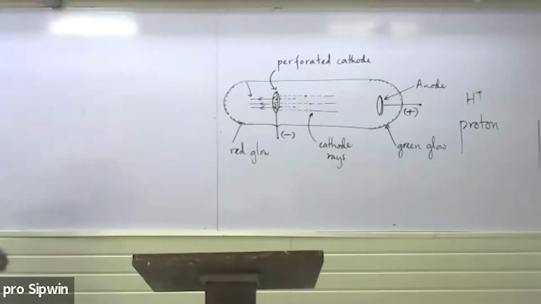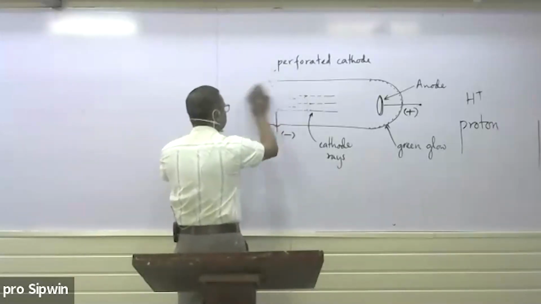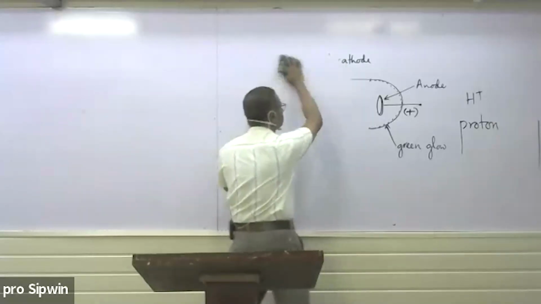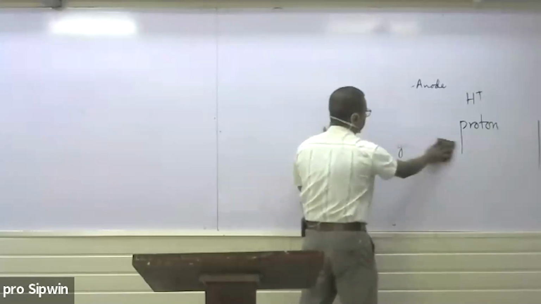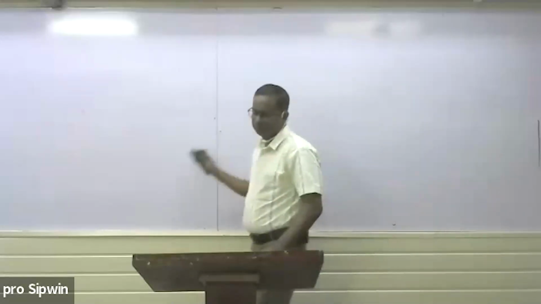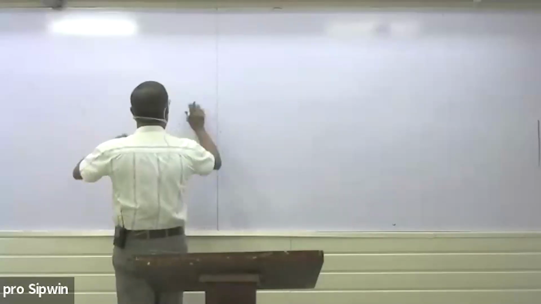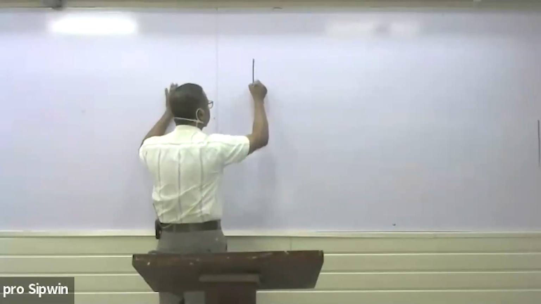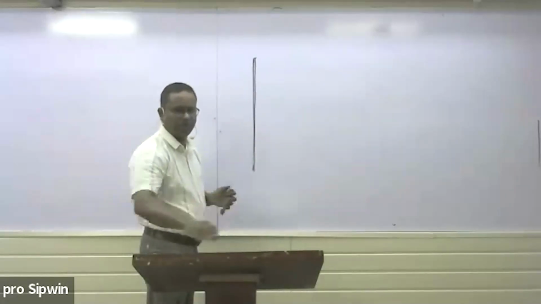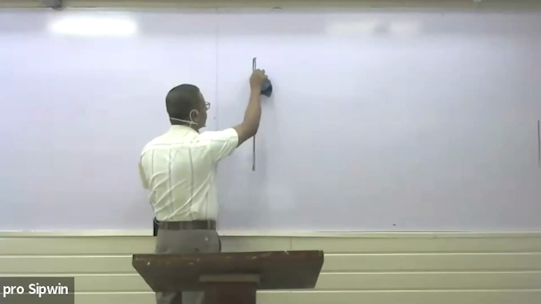Formation of positive rays can be explained by the following. Draw this diagram. Now I will take the perforated cathode like this way.